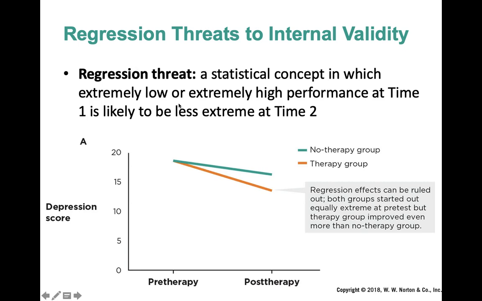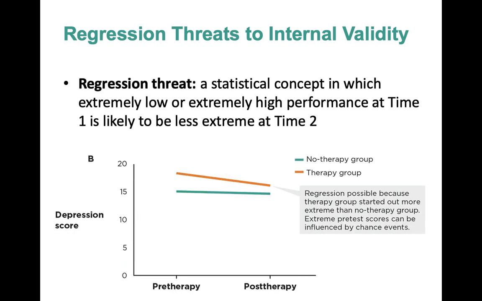So this is kind of similar to what happens with a maturation effect, but what we have here is that we've got people regressing towards their mean, but regression can't account for how much the therapy group reduced their depression. Okay, so in this case, regression can be ruled out. In this case, it couldn't.